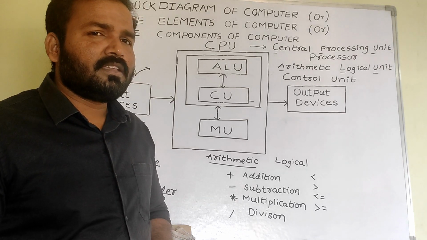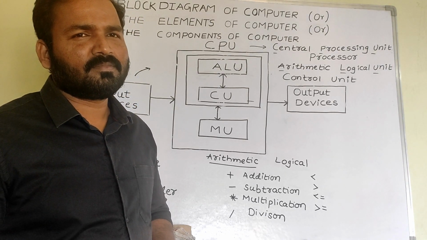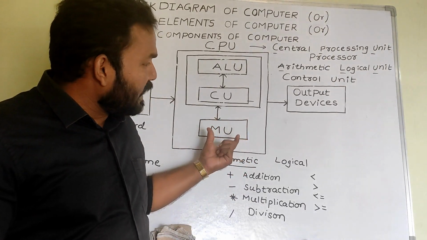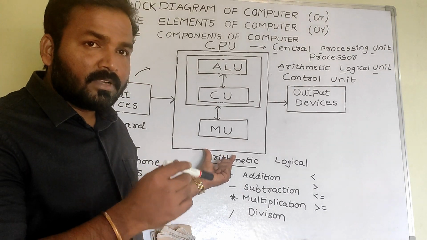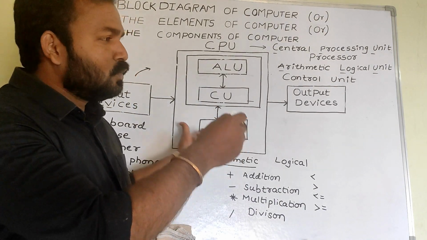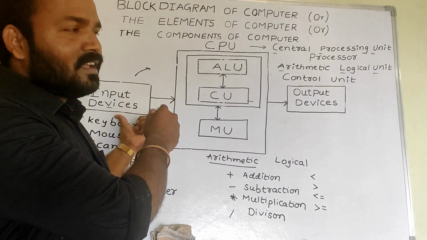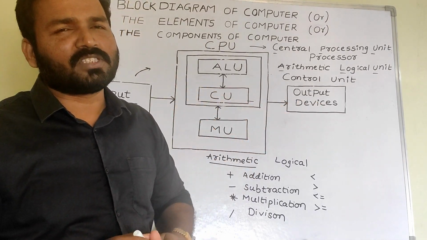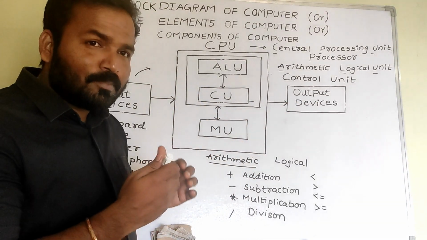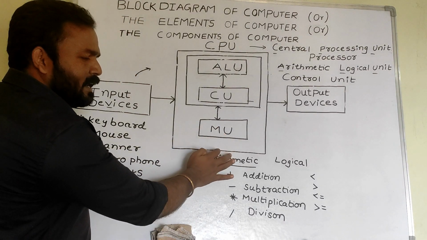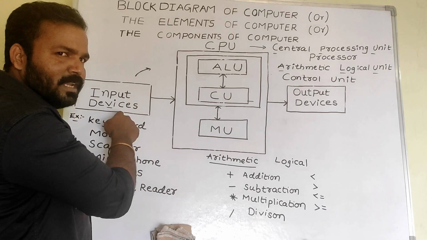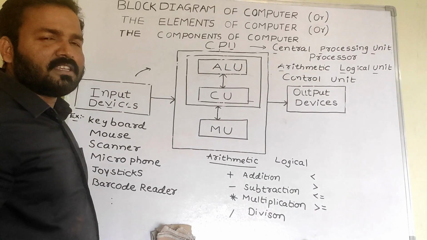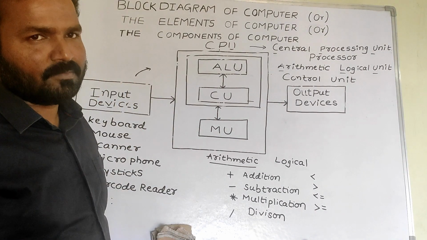Next, what is data processing? The action taken by a machine to work on inputs and change them into outputs is called data processing.